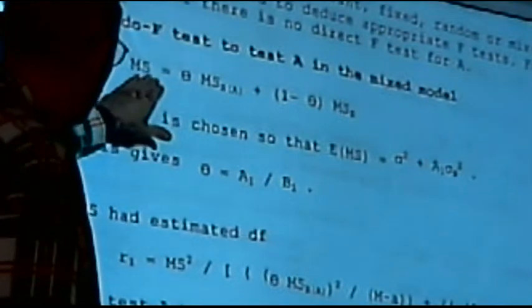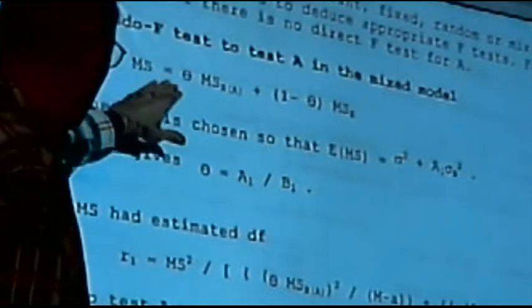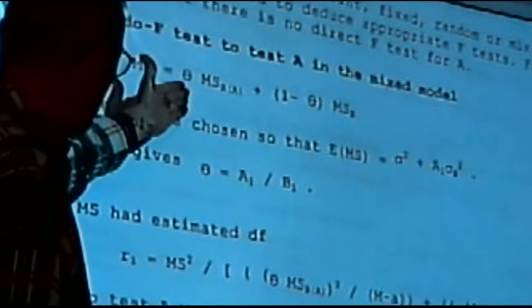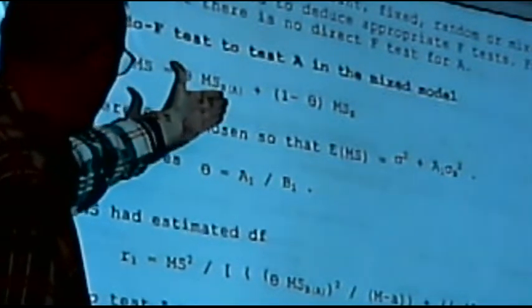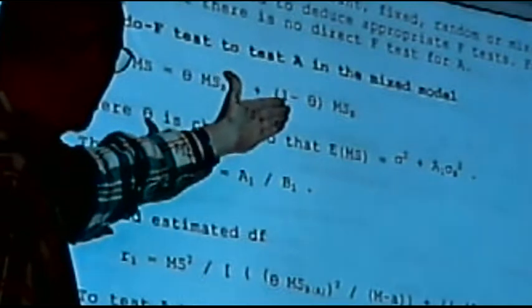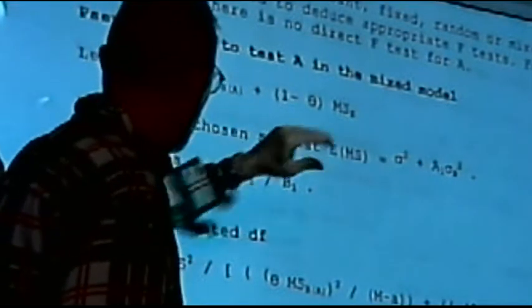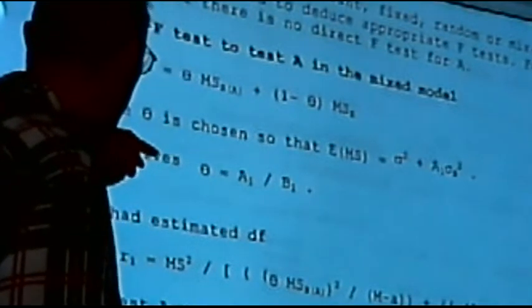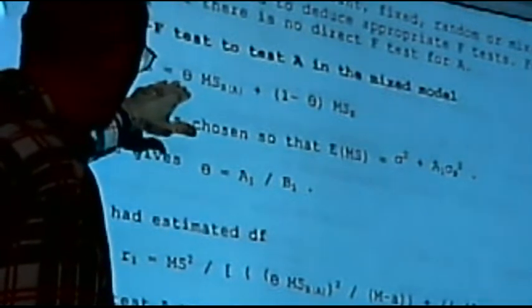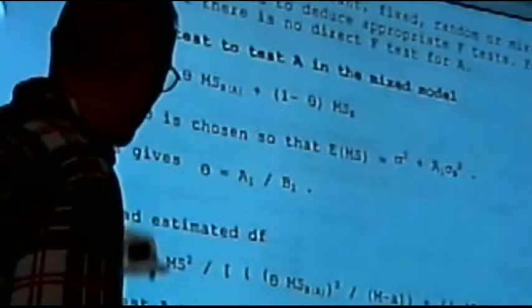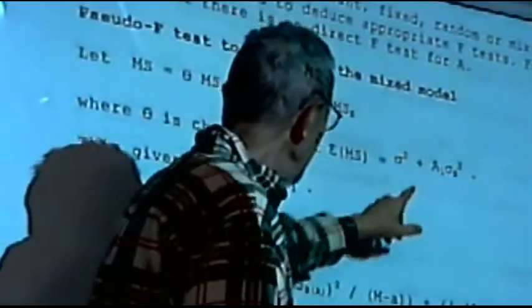So we start with this mean square, called theta, which for the moment is arbitrary: theta times mean square B within A plus (1 minus theta) times mean square here. So this is a linear combination of these two mean squares. Now we choose theta so that the expected value of this is what we want. And what we want is that.